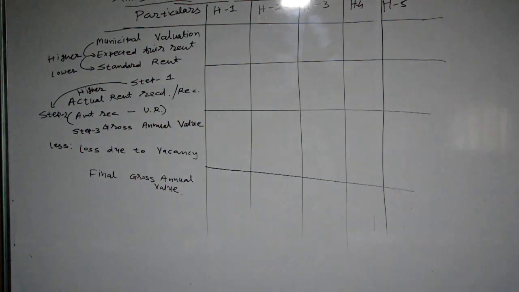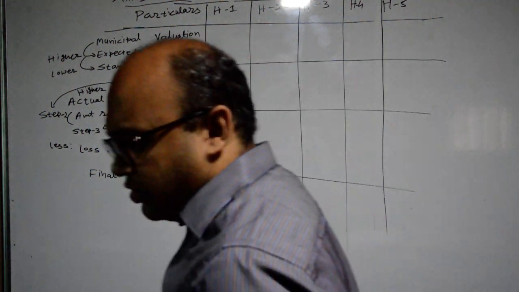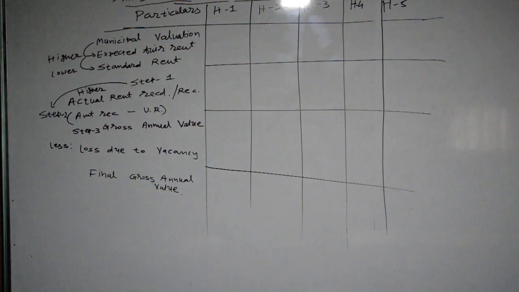For your ready reference and understanding I am repeating this once again. We are starting with the sum which is given in the book. You are also provided with it in Telegram. First of all I am writing these three components.